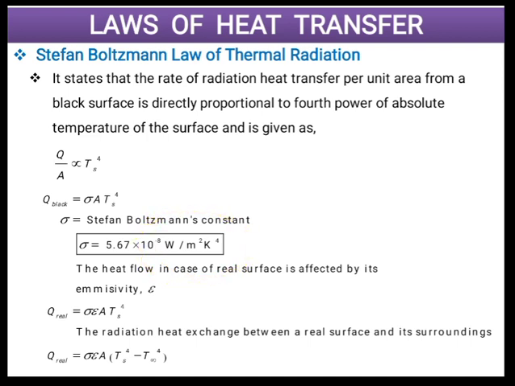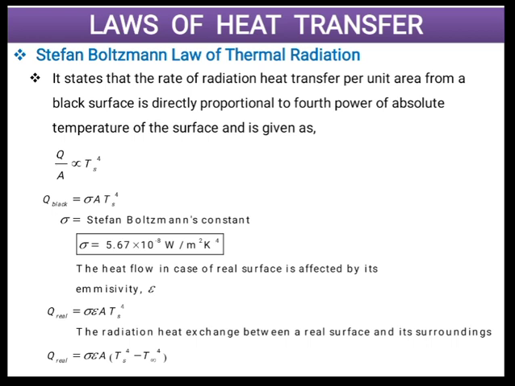What you simply have to do is keep this Q on the left hand side, take A and Ts raised to 4 to the left hand side, so that this will be watt, the unit of area will be meter square, and the unit of Ts will be Kelvin raised to 4.